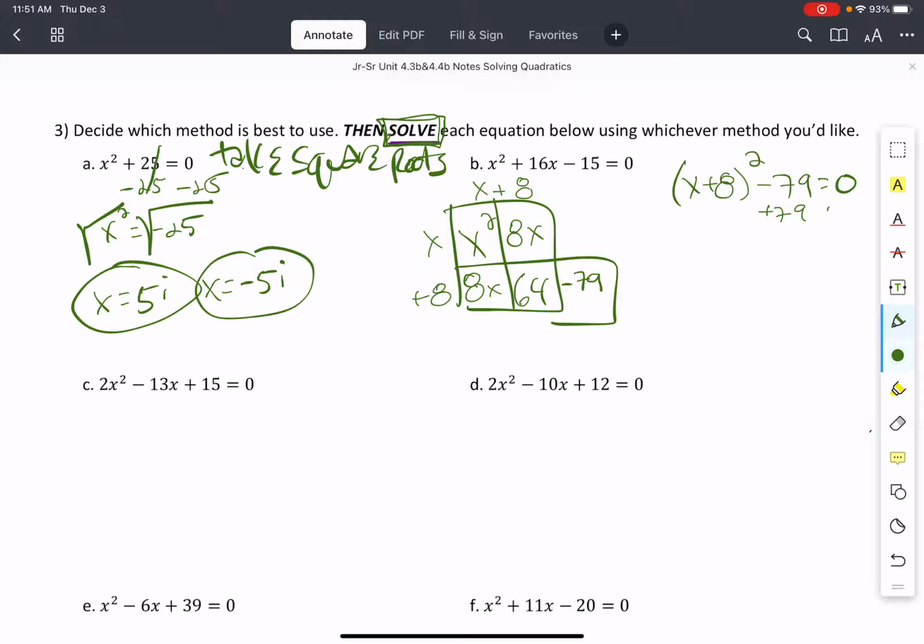There we go, add 79. Now what? Yep, square root.